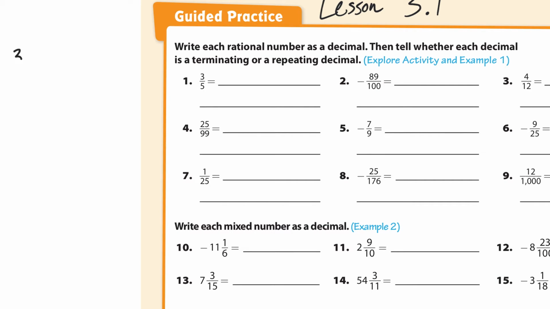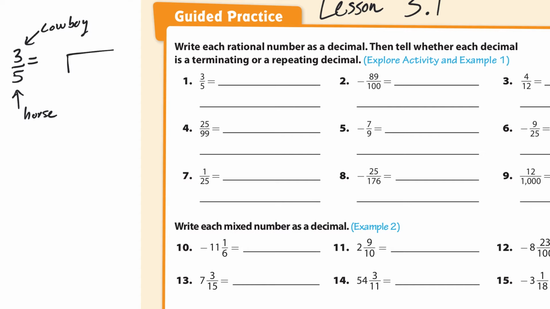3/5. That's the same as, and here's the secret, I call this the cowboy and the 5 the horse. And you have to turn this into a division problem because all fractions are division problems.